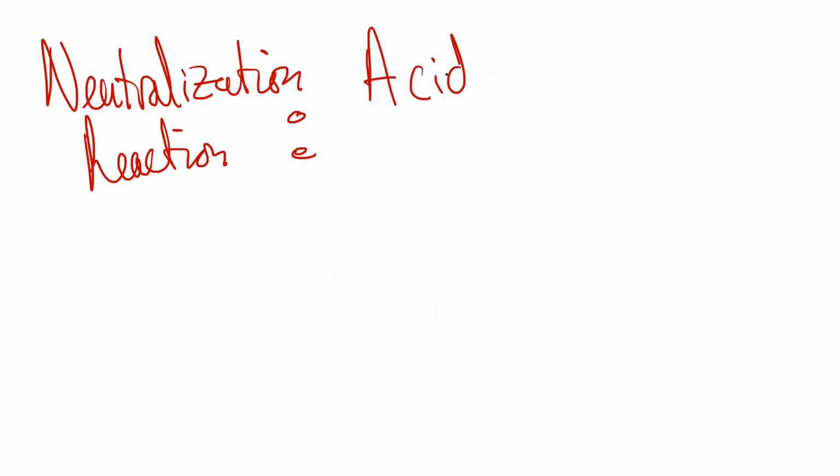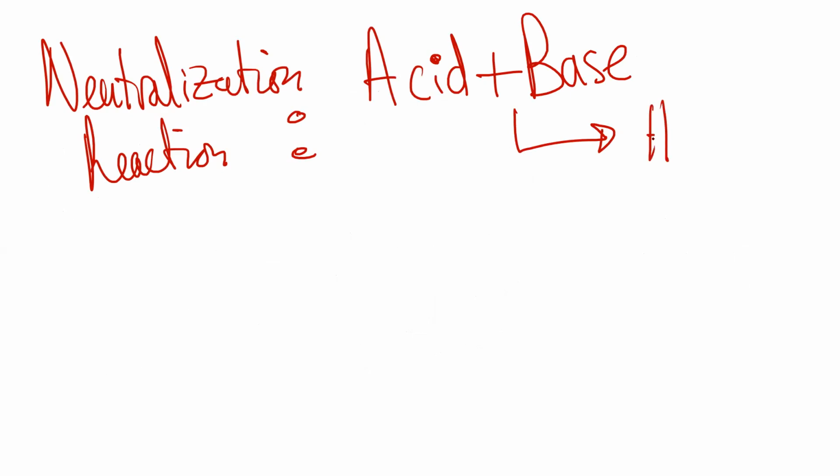Finally, here we have the neutralization reaction. Am I going too fast for anyone? Please let me know. So neutralization reaction, the most general description of this is when you take an acid and a base and you react them and you end up with water and some type of salt.